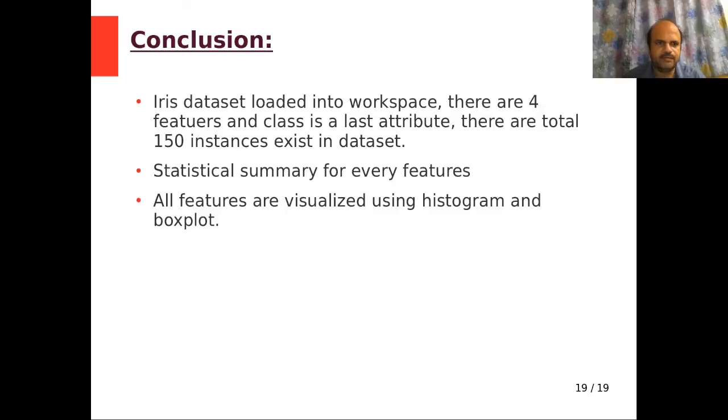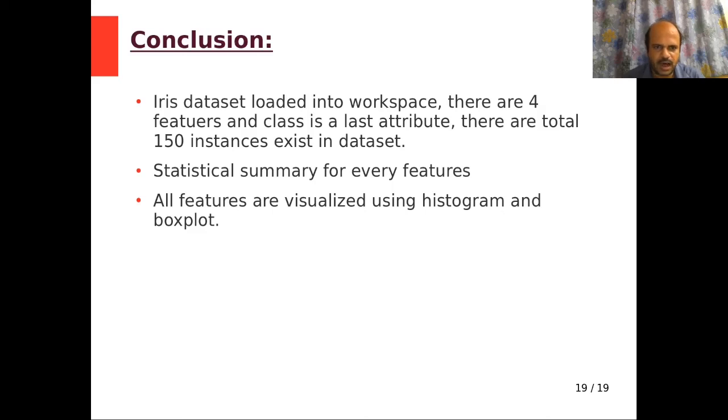In this way we performed our first experiment, where the iris dataset is loaded into the workspace, and we found there are 4 features, and the last attribute is the class attribute, and we have a total of 150 instances in the dataset.